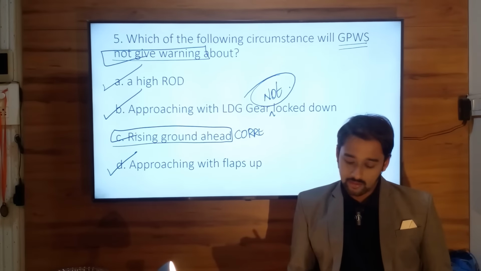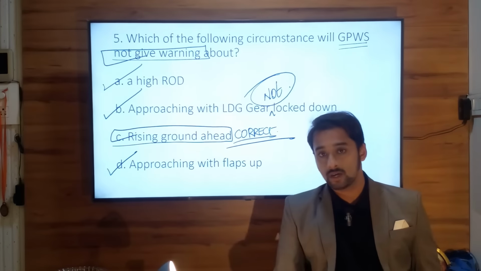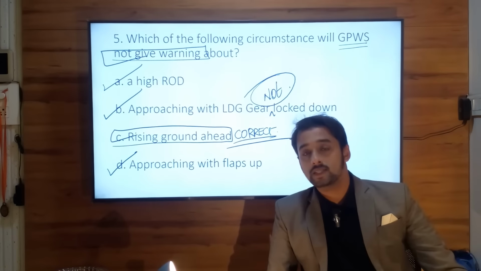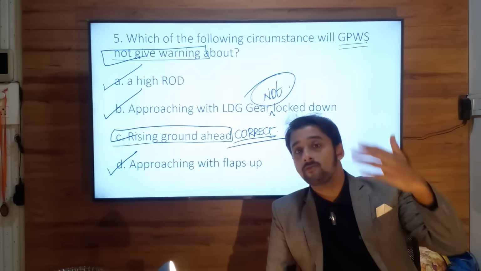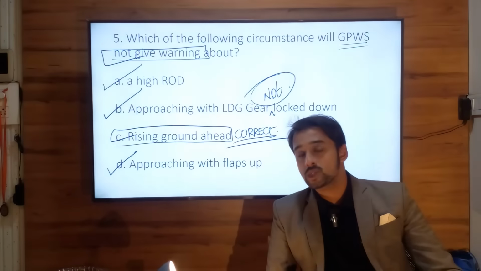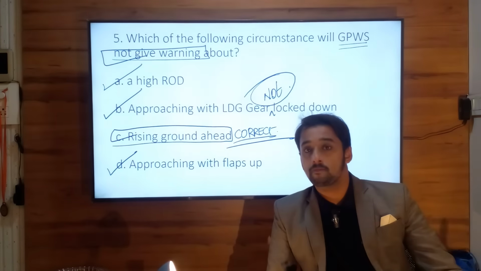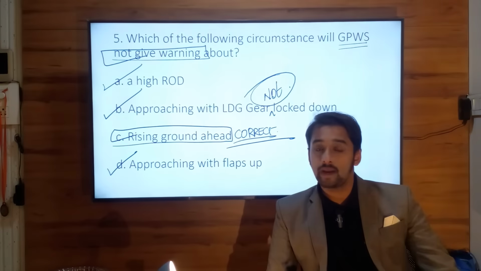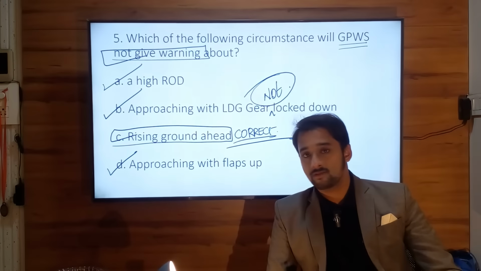Rising ground ahead. In case in front of you, far in front of you, there is going to be higher and higher ground, that means the topography is going to increase in height in front of you, and the system wants to give you an alert, or a reminder, or prepare you for what's coming next. Okay, so this GPWS ground proximity system doesn't give you any indication of that.